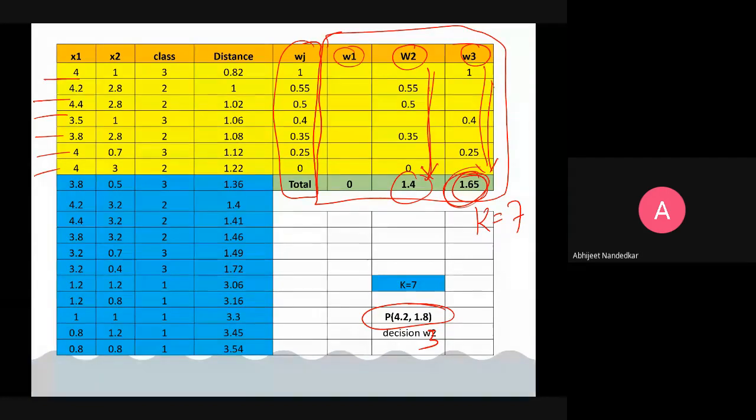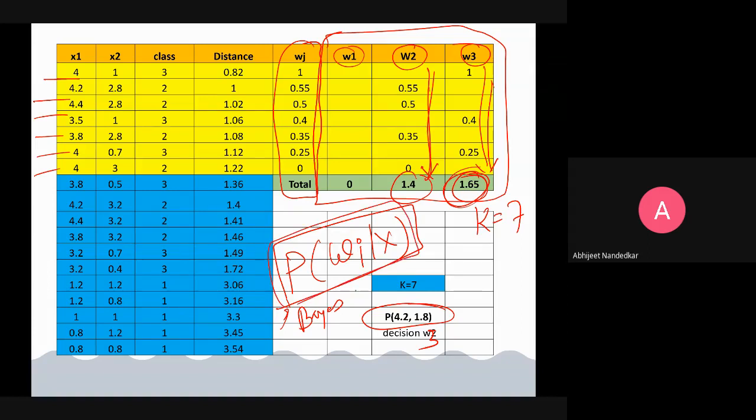So like that we can use modified KNN or KNN to get the decisions. Here remember we are predicting omega i given X directly. We need not use the Bayes rule to compute this. We estimated this directly, and to take the decision we are using the Bayes rule.